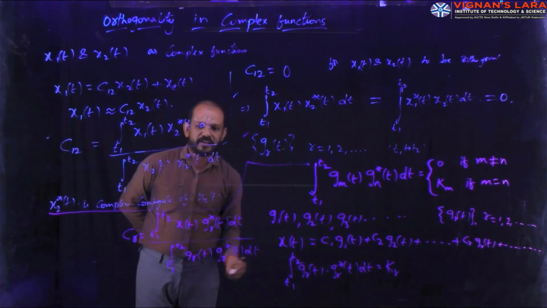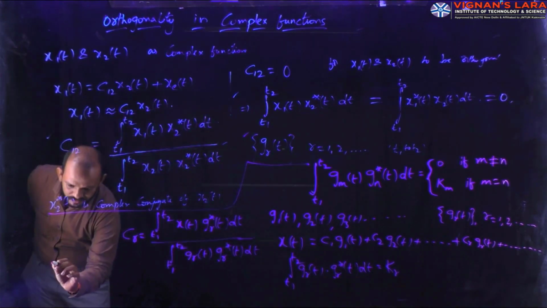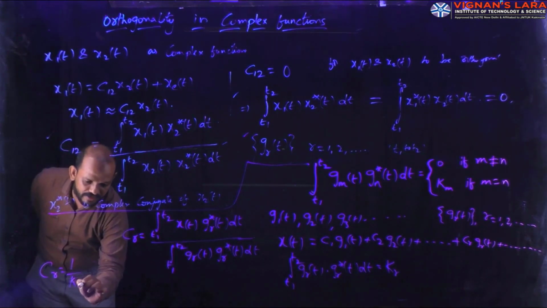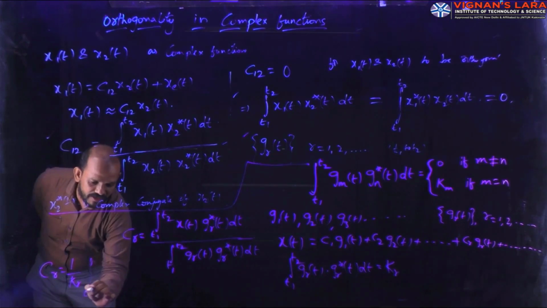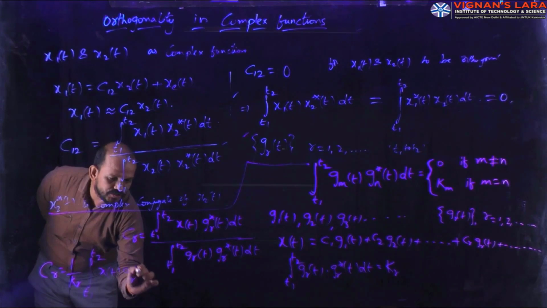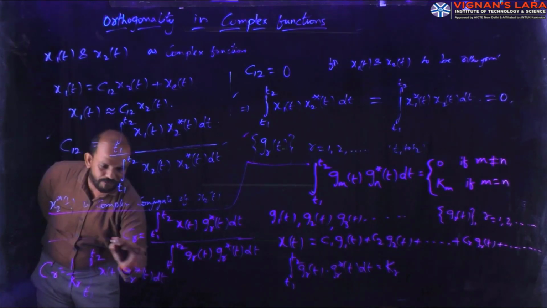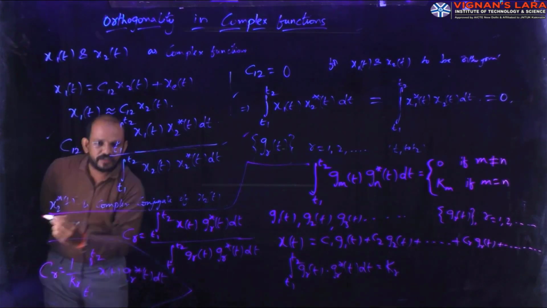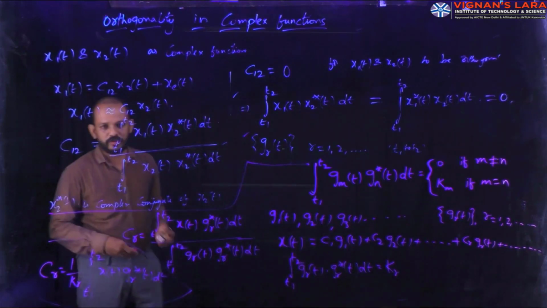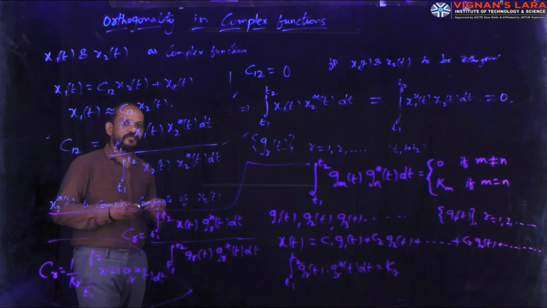So finally the value of cr will be equal to 1 by kr integral t1 to t2 x of t gr star of t dt. So this is the final value of our cr.